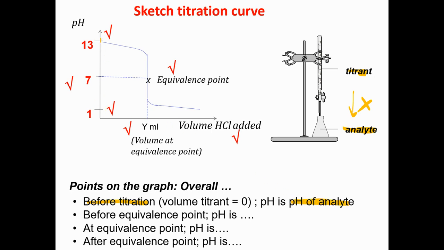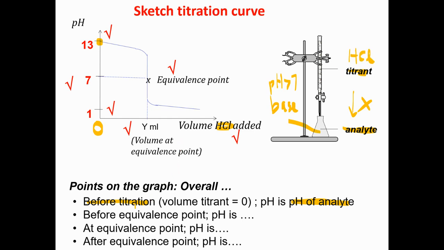For example, when we look at this titration curve, we know the analyte is a base because the pH is more than 7. This is 0 volume of HCl added.